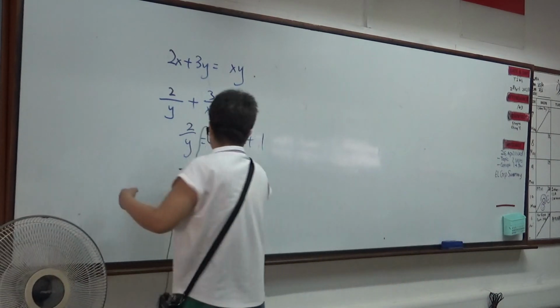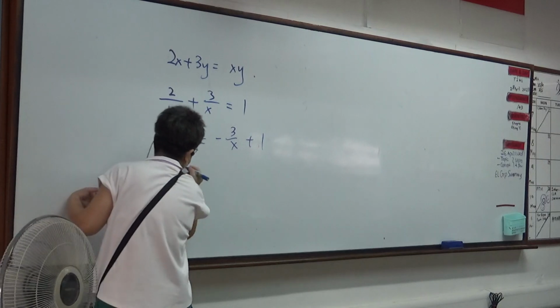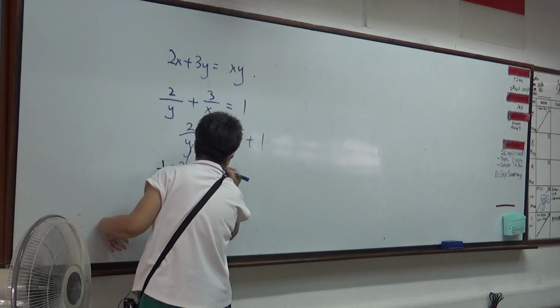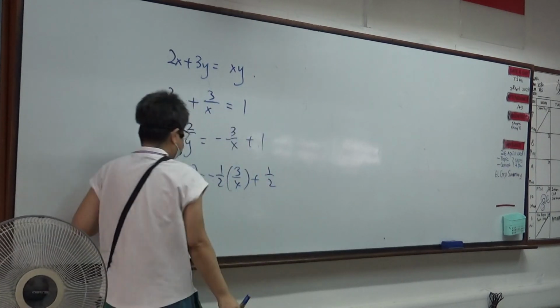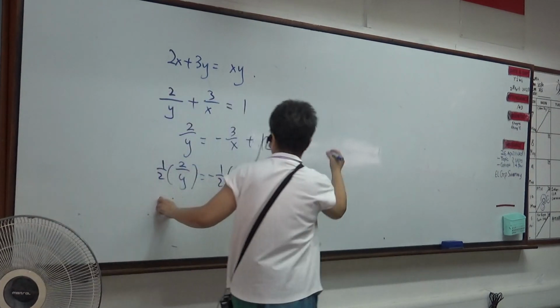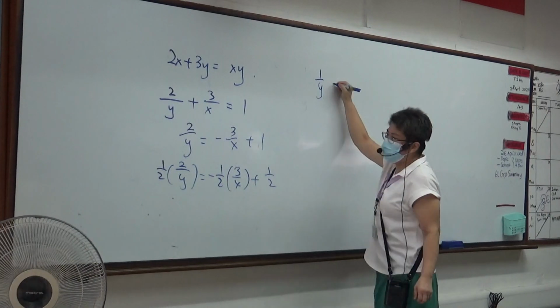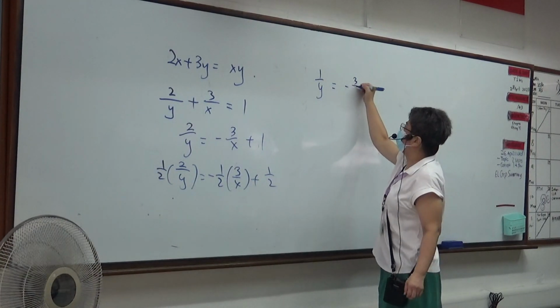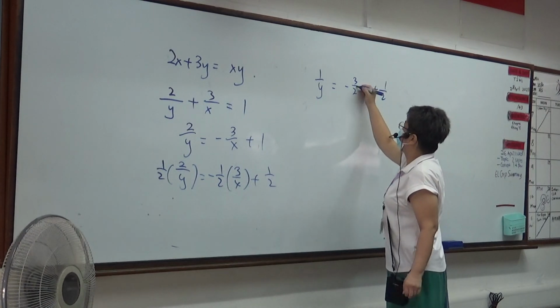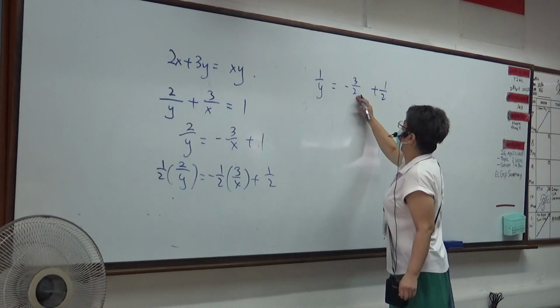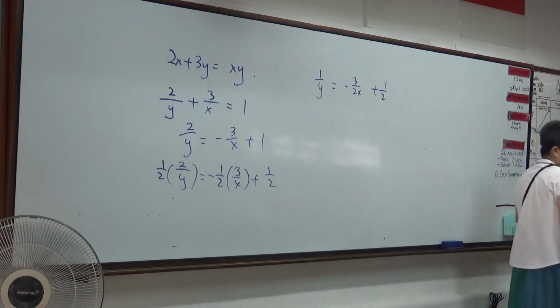If I were to times half on both sides, I will have this, right? So what will I have? 1 over y equals negative 3 over 2x. Sorry. Negative 3 over 2x plus half, okay?